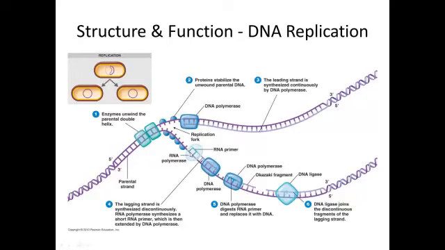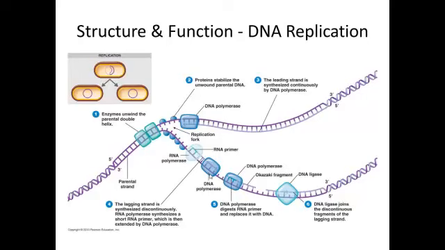On the other strand, the DNA polymerase keeps running into previous primers. As this gets unwound, primase comes up, makes an RNA primer, DNA polymerase attaches here, goes down, runs into the primer, falls off. We call this the lagging strand. And these segments of DNA are called Okazaki fragments.